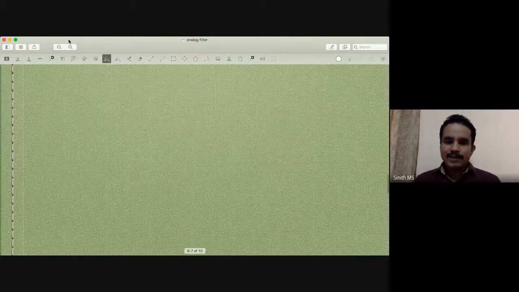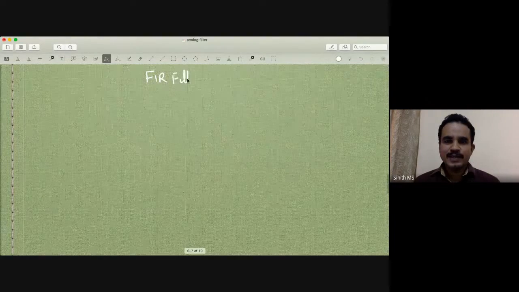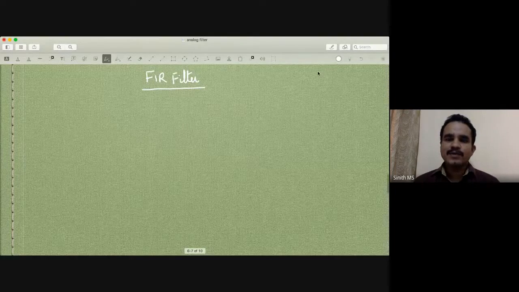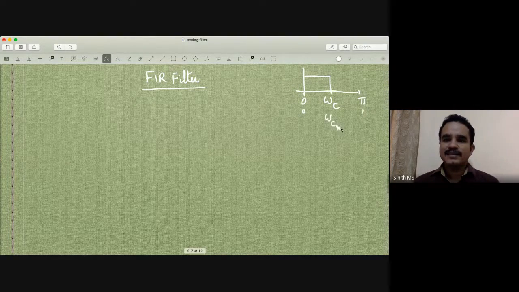Okay, now coming to FIR filter designing. Suppose you want to design an FIR filter. We have already seen how an FIR filter is designed, right? Given a cutoff frequency omega c, an ideal filter like this, and suppose omega c is from 0 to pi, the normalized frequency is considered as 0 to 1. So omega c normalized maybe 0.5 if this is in the middle.